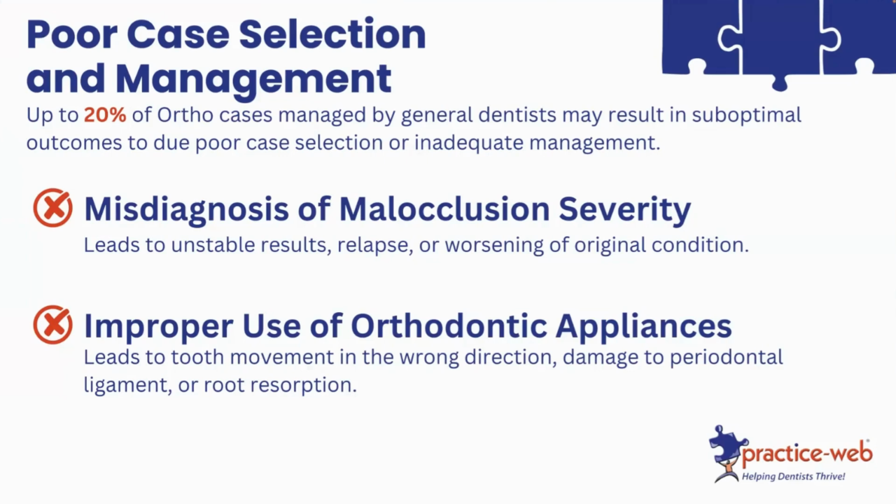You could end up moving teeth in the wrong direction, damaging periodontal ligament, or resulting in root resorption. Appliances are actually very powerful. They show results over time, but that doesn't mean they're not powerful. They can either result in a wonderful improvement or take you in the wrong direction.